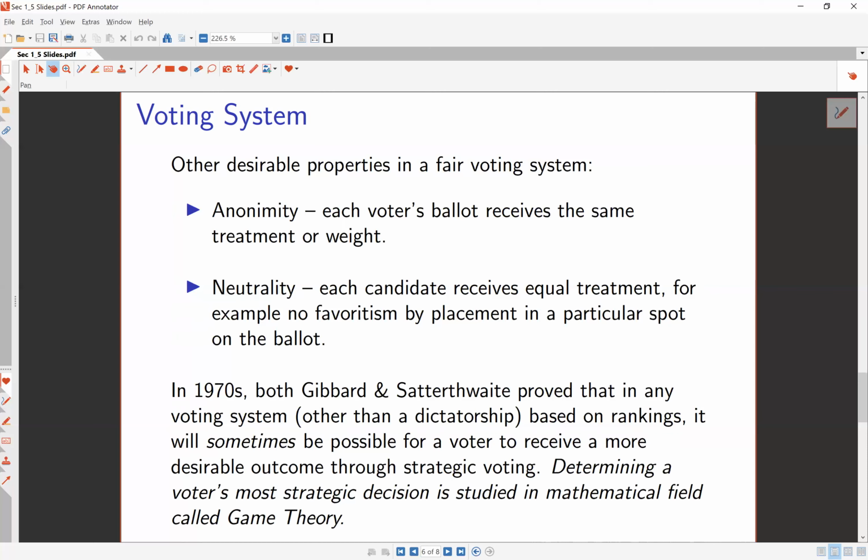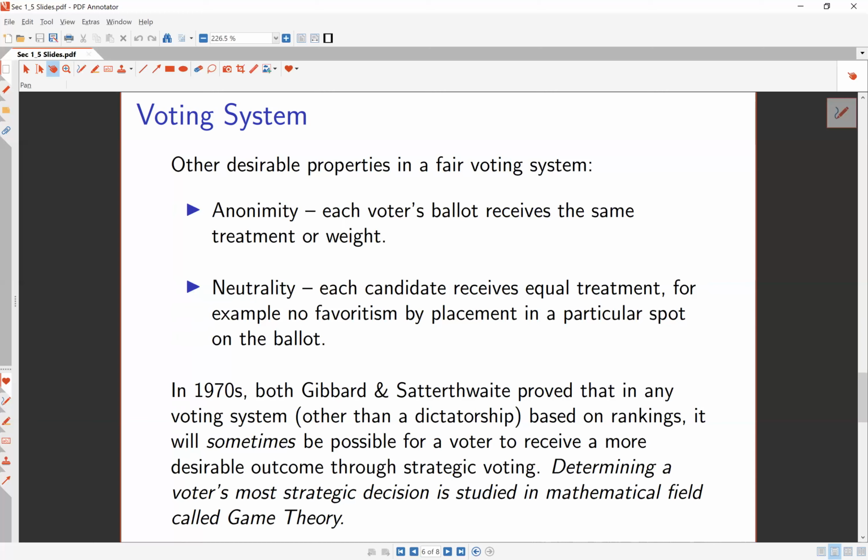Now, remember that Arrow's work was from the 1940s. In the 1970s, two independent scientists, Gibbard and Satterthwaite, proved that any voting system, other than a dictatorship, that's based on rankings will sometimes make it possible for one voter to receive a more desirable outcome through strategic voting.